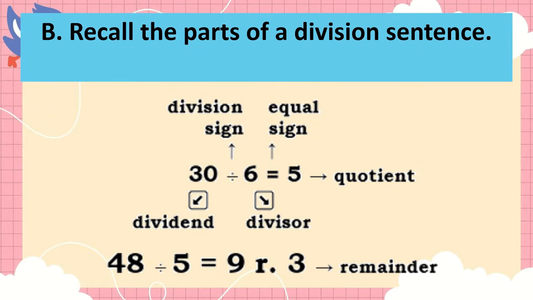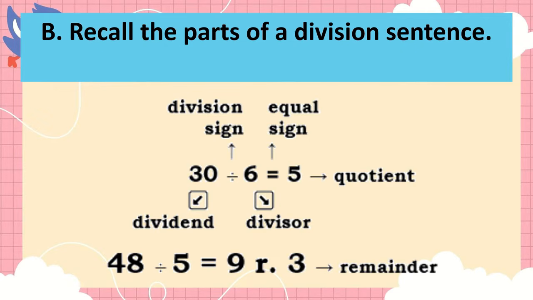Next, recall the parts of a division sentence. In the number sentence, 30 divided by 6 equals 5, 30 is the dividend, and 6 is the divisor.